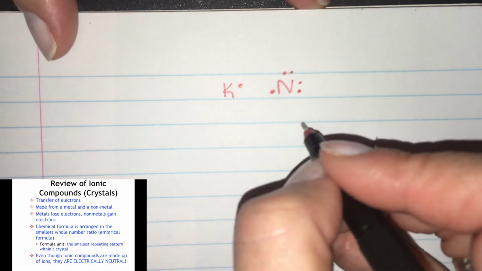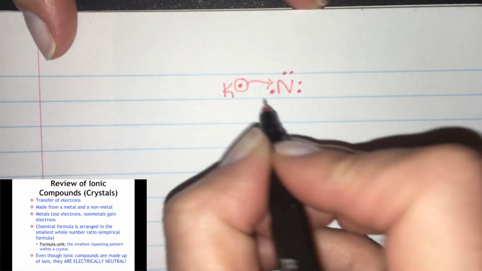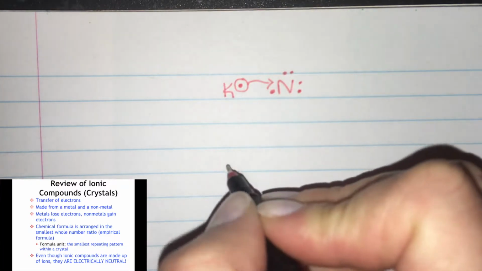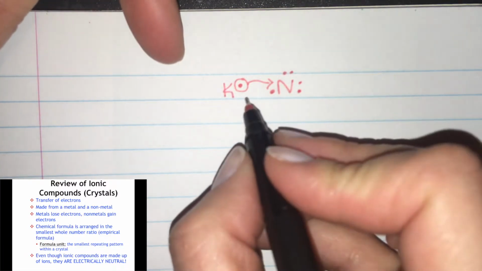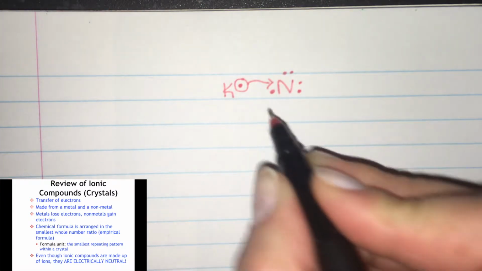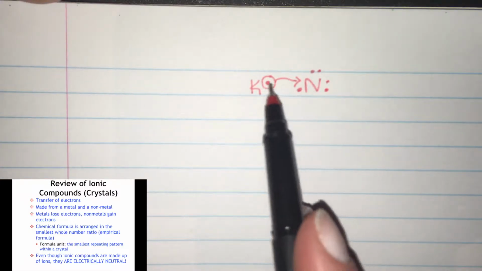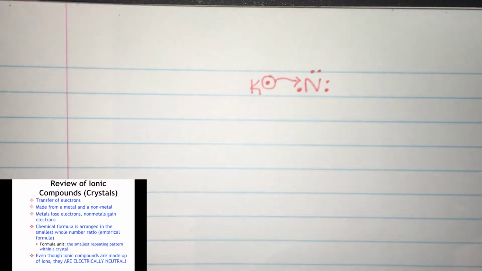I'm doing this all wrong, but whatever. It's going to transfer that electron over to nitrogen. And that transfer is different than a covalent bond, because a covalent bond would be sharing electrons, when this one's actually transferring the electron over.